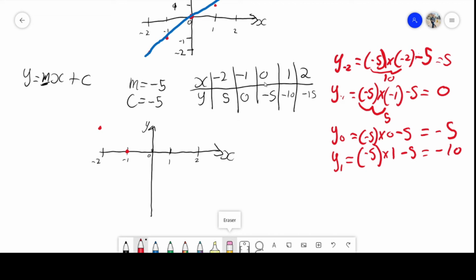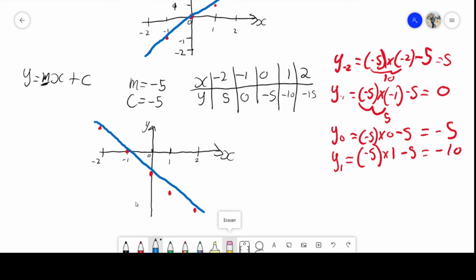When x is 0, y is equal to minus 5, which is down here. When x is 1, y is equal to minus 10, which is down here. And when x is 2, y is minus 15, which is down here. And again, we can allow these guys to form our straight line, which I still can't draw freehand. Life is terrible. What are you going to do about it?